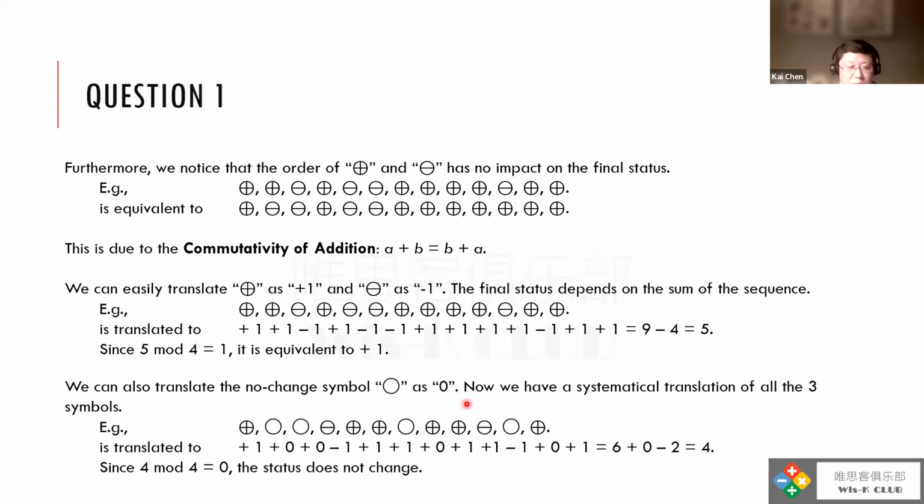So you can also replace in any sequence a plus with plus 1, minus with minus 1, and a blank circle with 0. So for instance, in this sequence, you can just write them up as given 4, and there's no change.